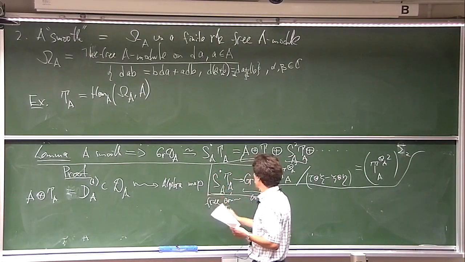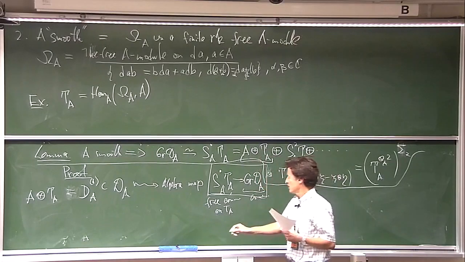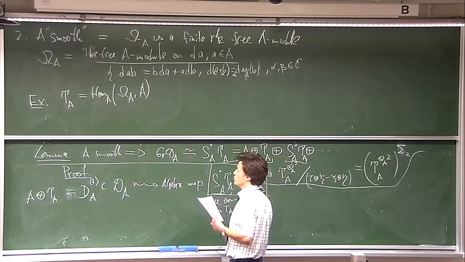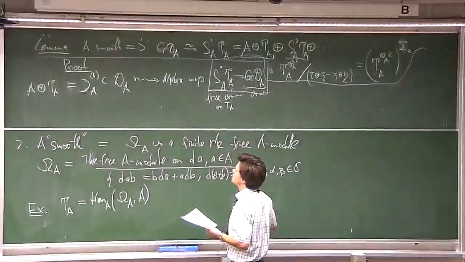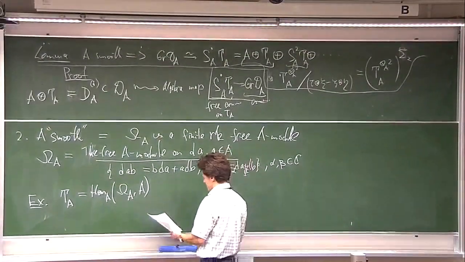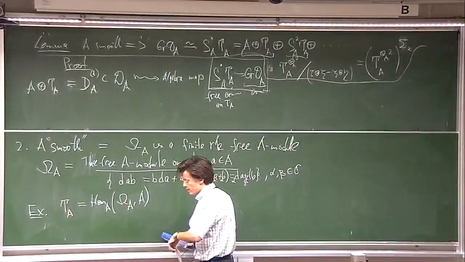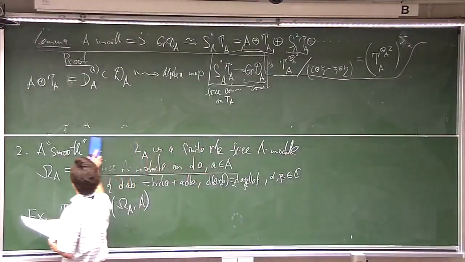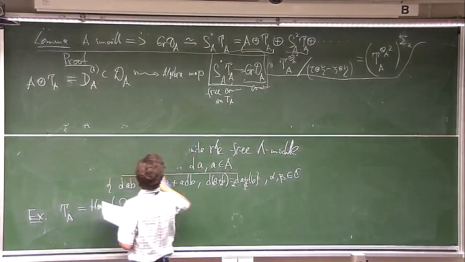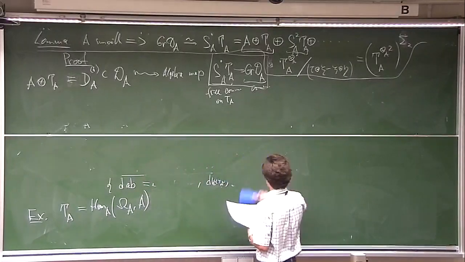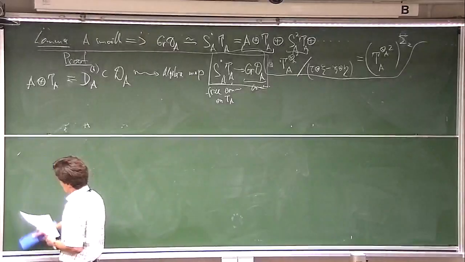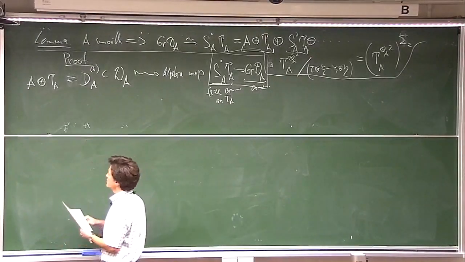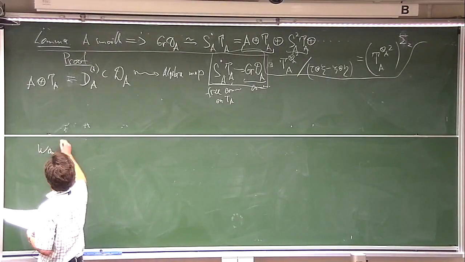So we want to show that this is an isomorphism. So what we want is the map in the opposite direction.